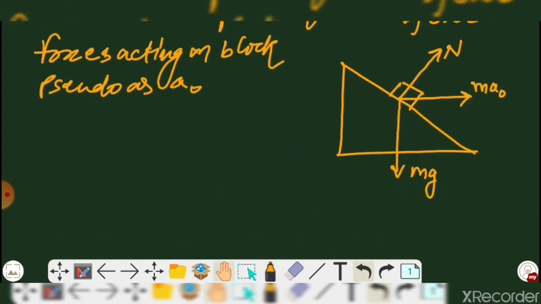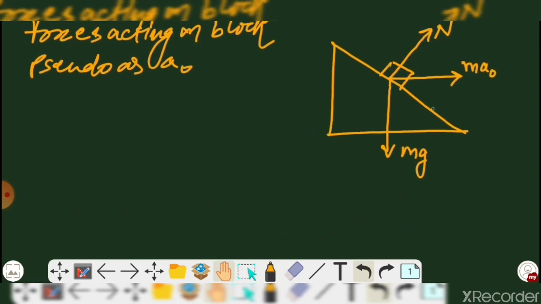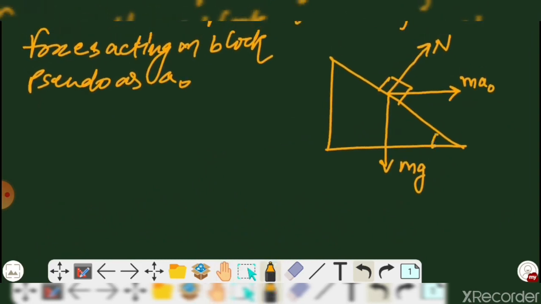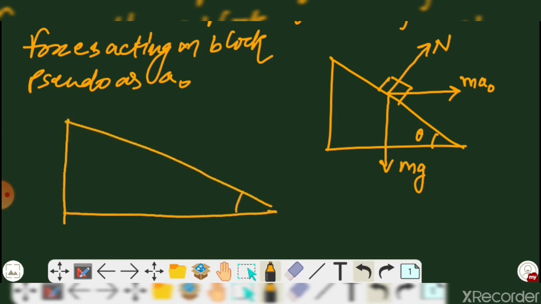So now let us resolve all the components of this question. Fine. Here it is theta. This is the block. So first of all, here we are considering this mg.